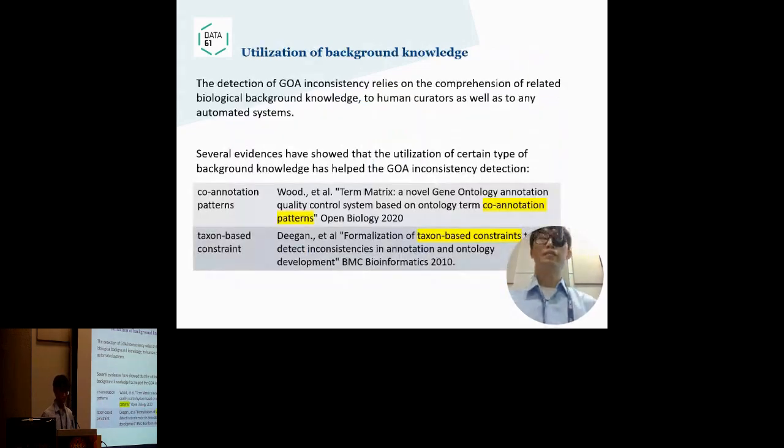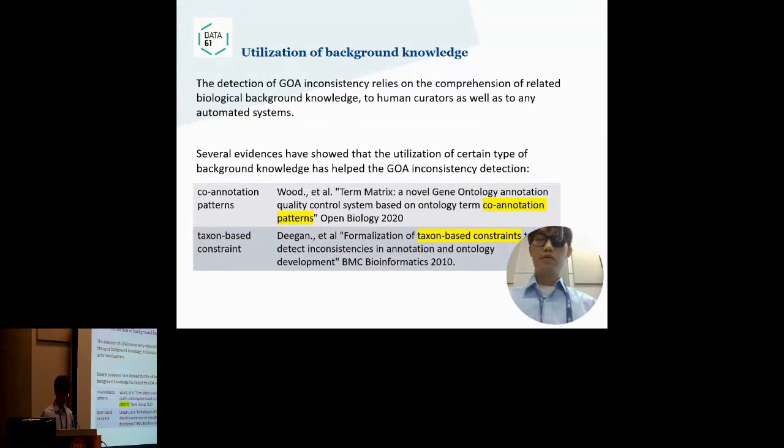Apart from processing of direct information in the GO annotation, the reference of related biological background knowledge is also important to support the detection of inconsistency. There are some existing studies that rely on such external knowledge to ensure the quality. But the problem is there has been a lack of systematic studies exploring the diverse types of background knowledge.